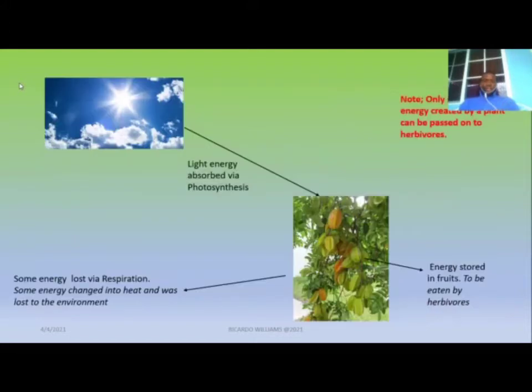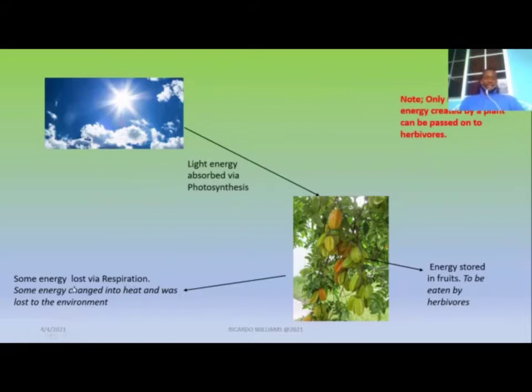Cool? Moving on. Just to visualize what we just said, the sun's light energy is converted by photosynthesis into glucose stored in the fruits and leaves and so on, right?